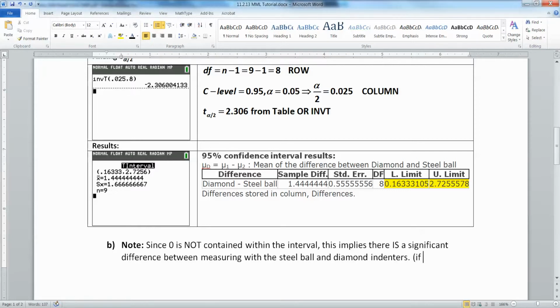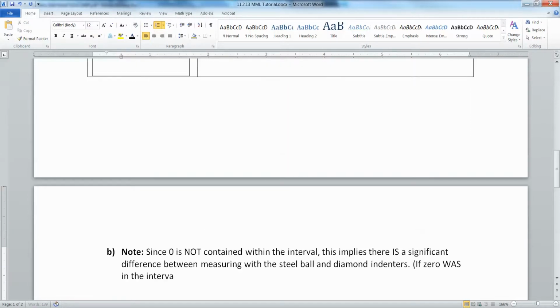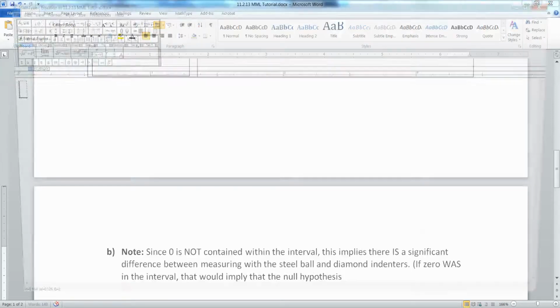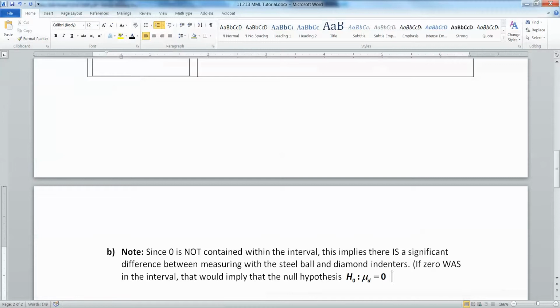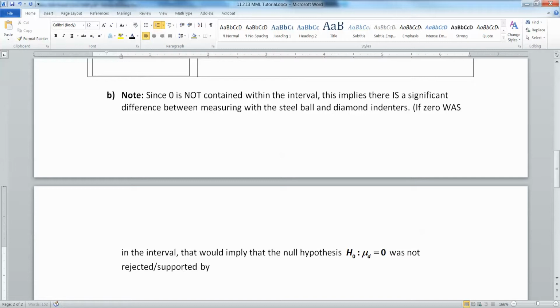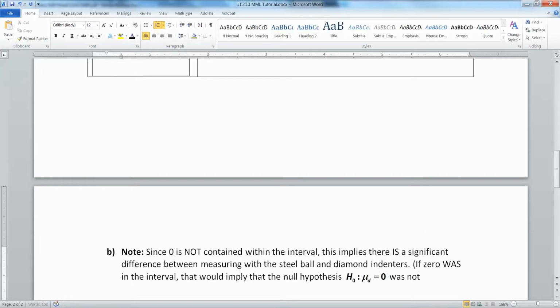So if 0 was in the interval, that would imply that the null hypothesis, which is H0: mu d is equal to 0, was not rejected, or let's just say, was supported by the data.